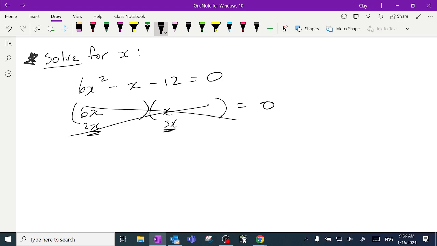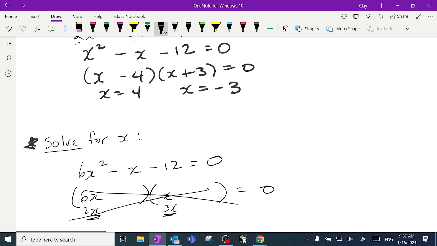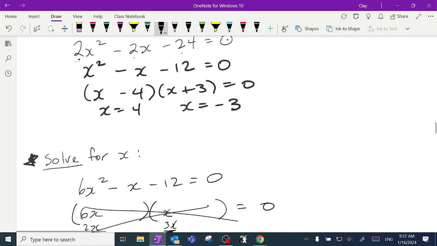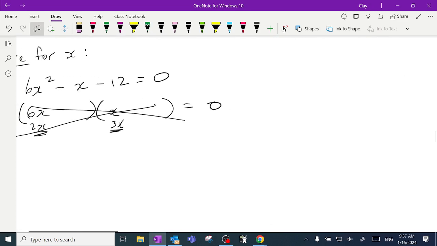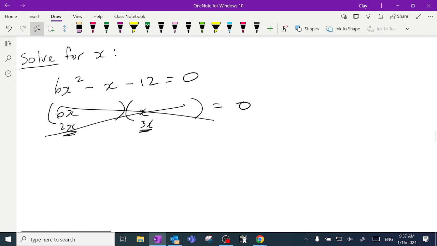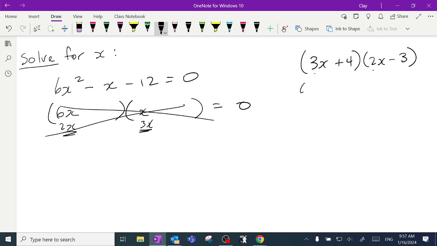Too much thinking. Instead, you go back to what I was doing here. You say to yourself, if I had something like, say, 3x plus 4 and 2x minus 3, if you multiply that out, 3x times 2x is 6x squared. 4 times negative 3 is negative 12.